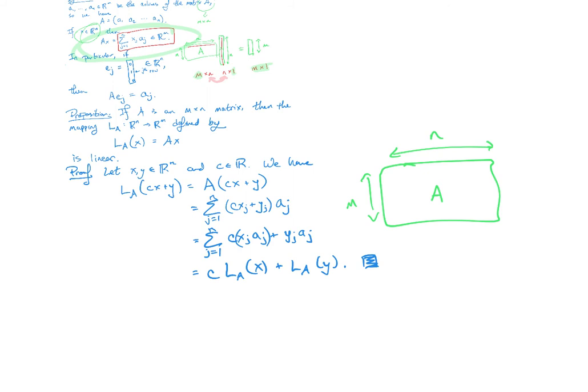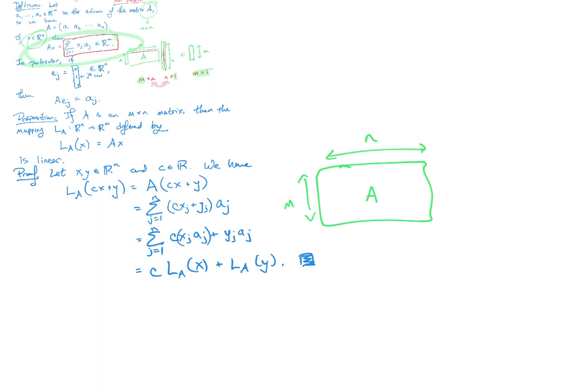So this is never going to change. Okay. And this is N. So once again, let me just point out, we have an M by N times an N by 1, and we get an M by 1.